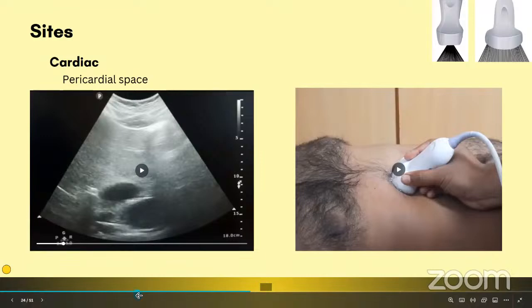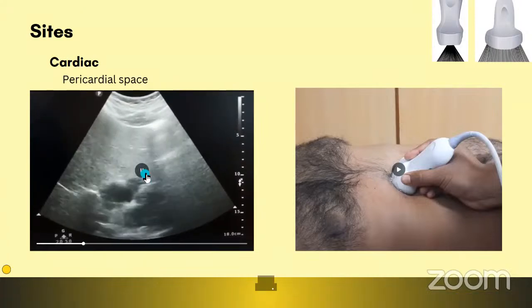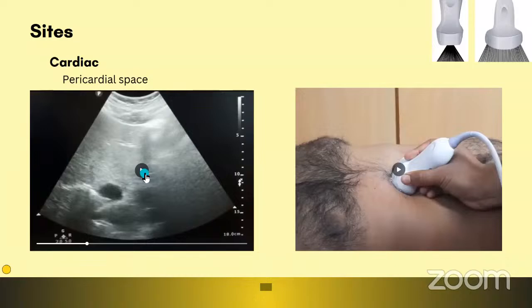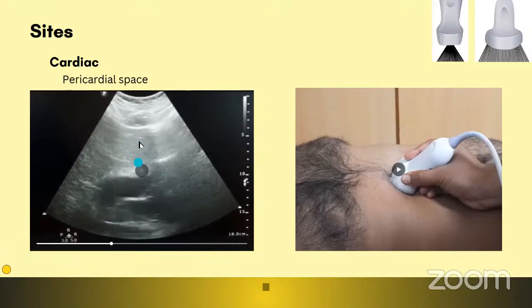In the earlier technical term slide, I told you a term, something called acoustic window. Here I'm using the liver as an acoustic window. So what does acoustic window mean? The concept is, since I already told you, ultrasound travels much faster in objects which are much denser. Liver is much denser compared to subcutaneous tissue.